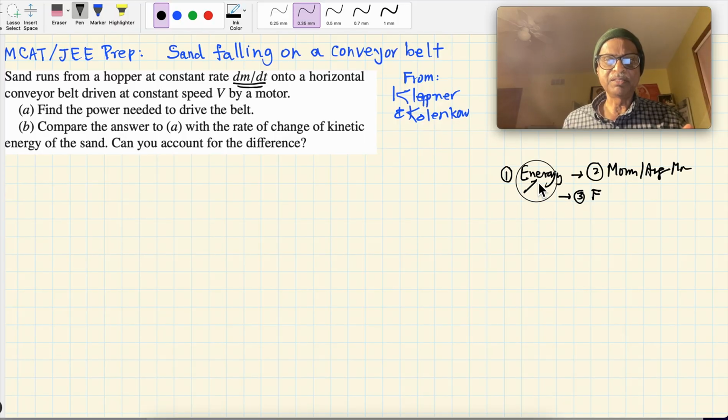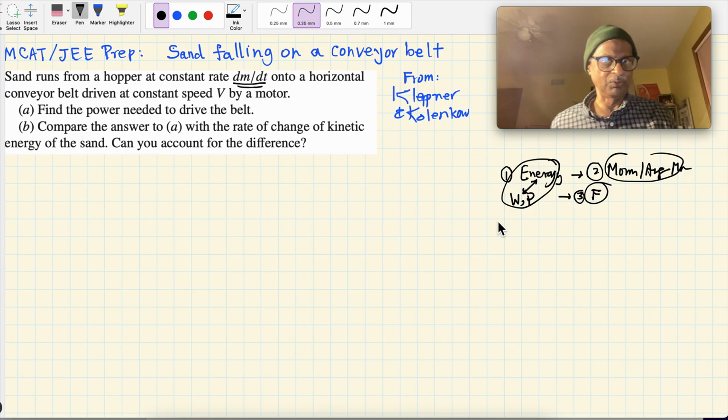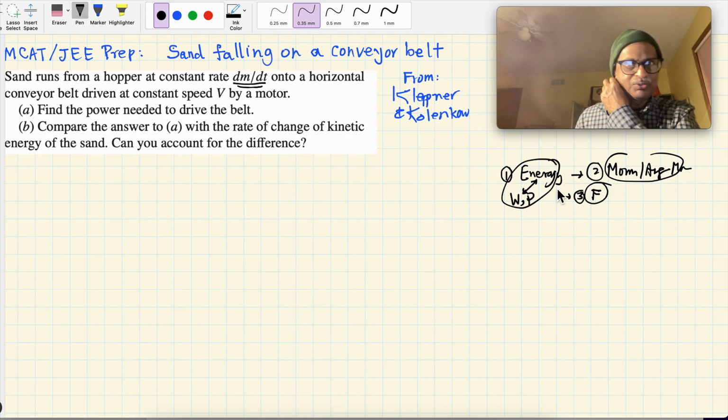When you think about energy, you include the work part, the power part. So those things come first, and then these guys come, and then this guy comes, and sometimes all three have to be used, and that makes the problem hard. All right, so let's now read the problem.